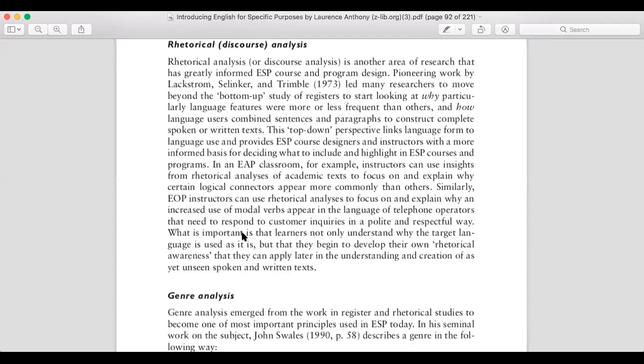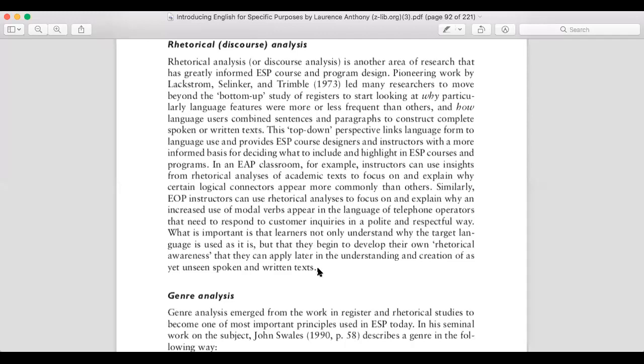They are responding to the customers and they have to stay polite. They don't have to get angry at people. So how are they going to reply in a polite and respectful way? What forms of words, what kind of structures would they make use of, right? So this is your rhetorical or discourse analysis, right?